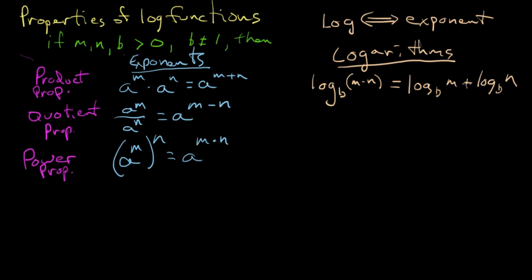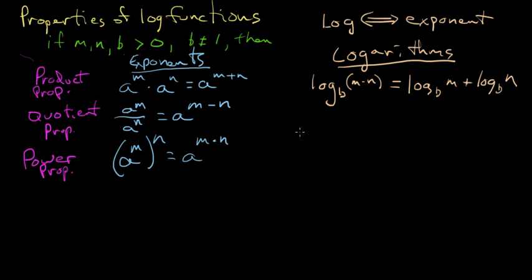You see, we just add the exponents. Remember, a logarithm is an exponent. So we're doing the same thing here we're doing over here. We're adding the exponents. So log base b of m times n equals log base b of m plus log base b of n.